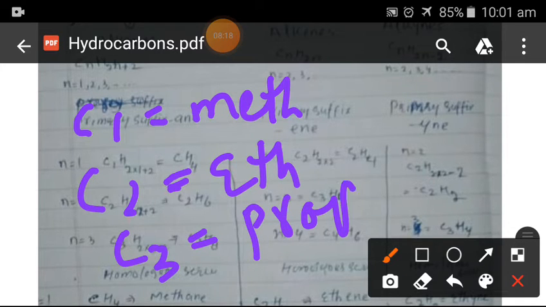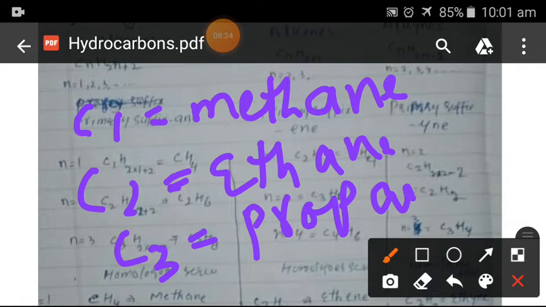Clear? And for alkanes, the primary suffix is ane. You will add the ane here for all the members, but we have already discussed in the IUPAC nomenclature. So the number of carbon atoms will indicate their word root.